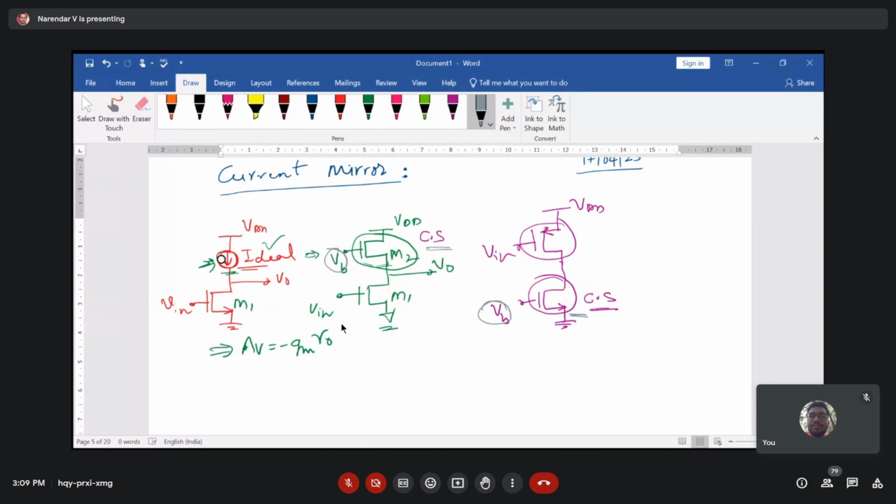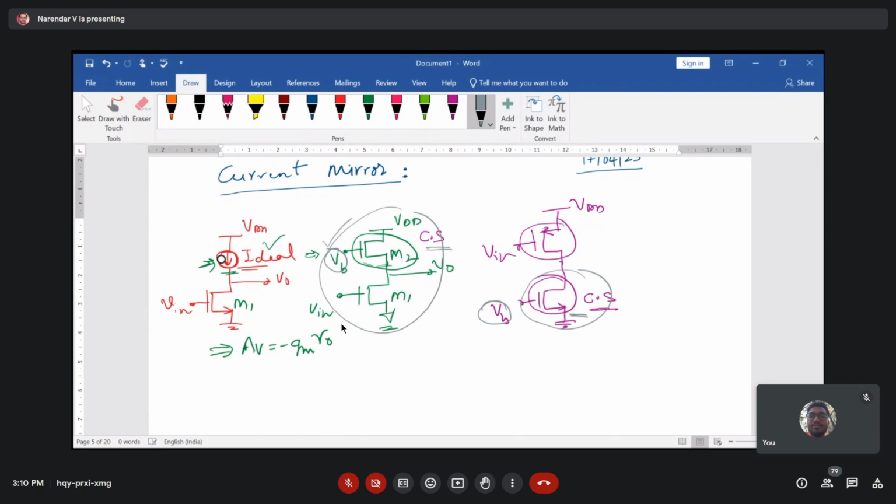If there is no change in VB, then the constant current across this M2 transistor in this picture, and the current in this picture, must be constant. The current you are expecting from the two configurations should not vary with any other value in your circuitry.